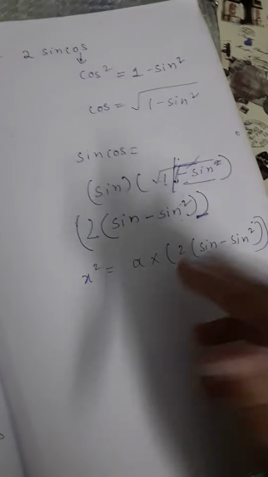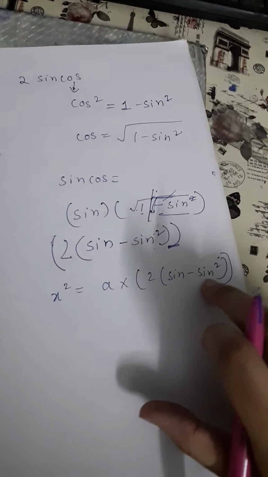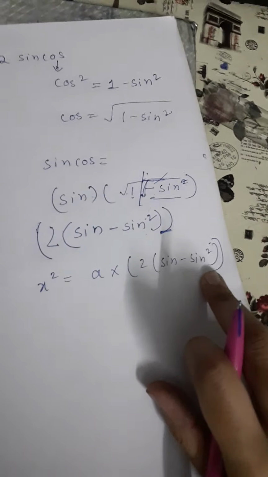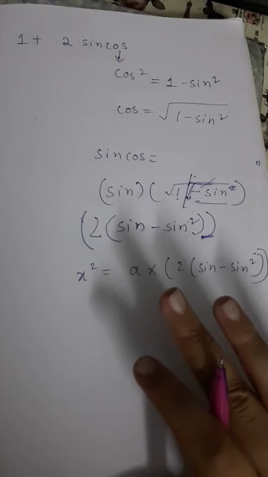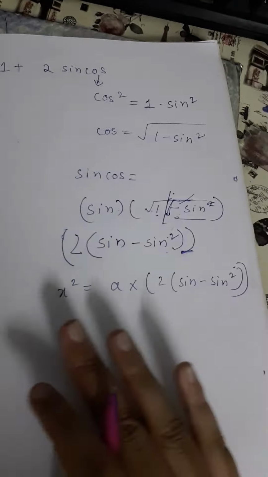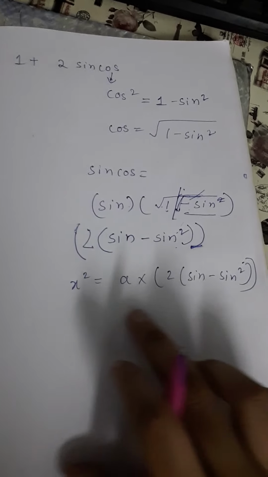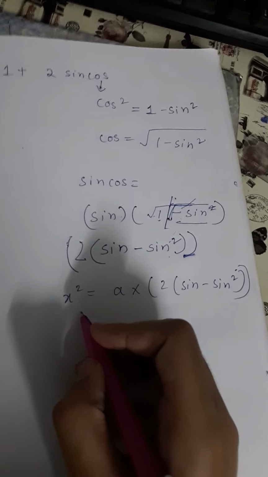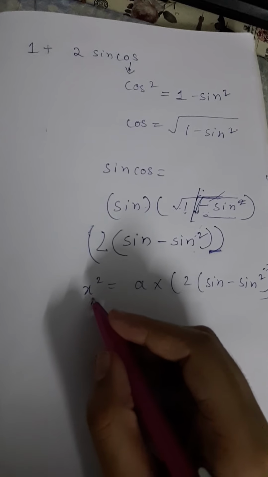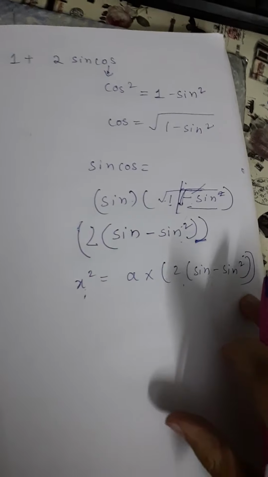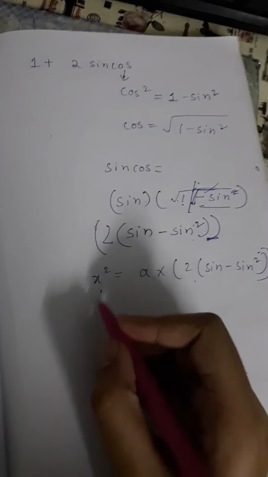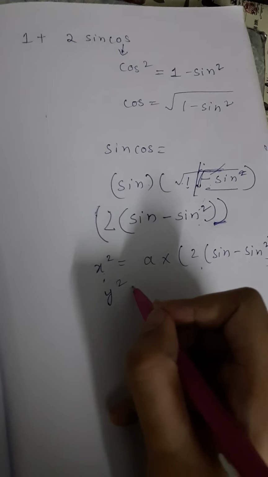Now you need to notice that this whole element has a value, and you also need to notice that sin minus sin squared also has a separate value. So you should not combine them, you should keep them in the brackets. So we have found out the value of x squared. Now similarly the value of y squared.